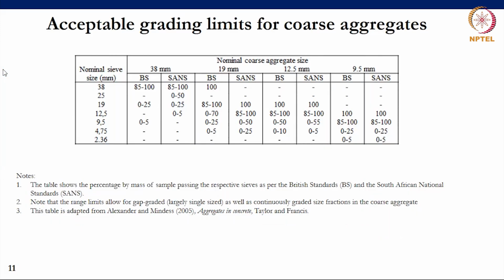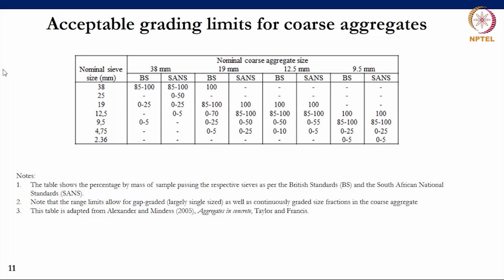Just a sense of the acceptable grading limits for coarse aggregates. Here I'm showing a comparison between the British standards and the South African national standard. And I'm sure there is an equivalent Indian standard. Most national standards will cover this sort of grading requirement.